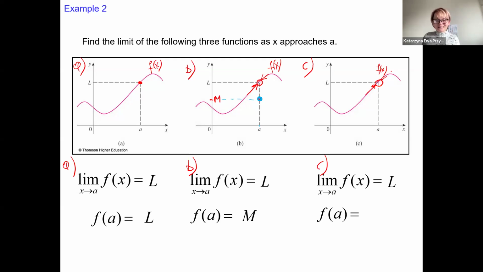Do we have a value at A? No, because there is no solid dot. When we draw a vertical line, no intersection. Okay, we can see 3 different functions, but when we look from a distance, the main curve, the main function, is the same.